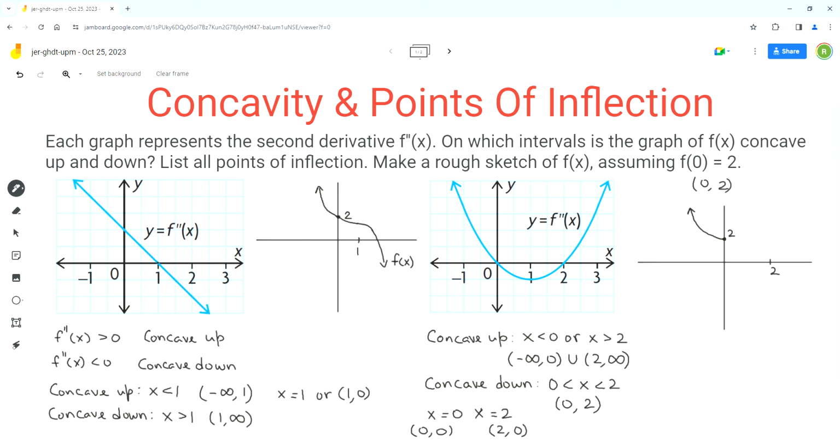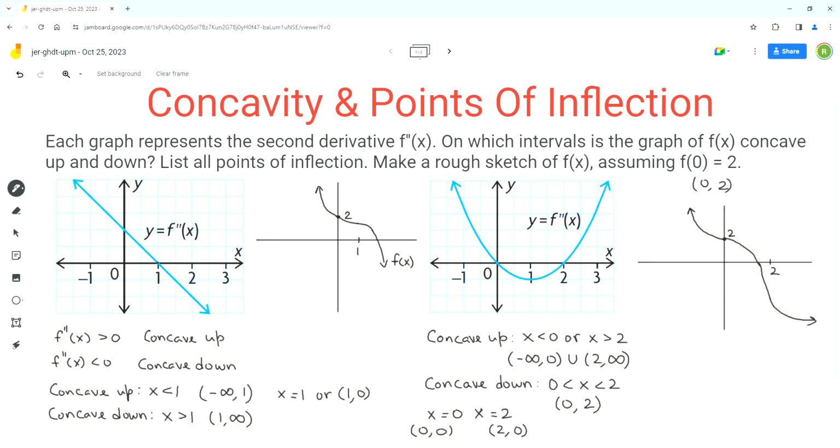So from here, now the graph will start. It's going down to show it's concave down, and then at x equals 2 to the right side the graph is concave up. So we can show that like this, down, and then it starts concave up like this.